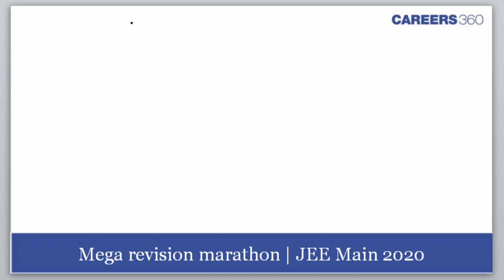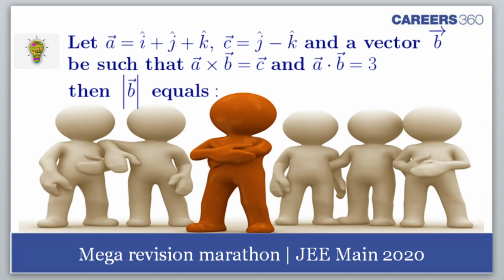A vector is i plus j plus k, and what is C vector? C vector is j minus k. And what else was given to us? We were given B is such that A cross B is C and A dot B is 3.